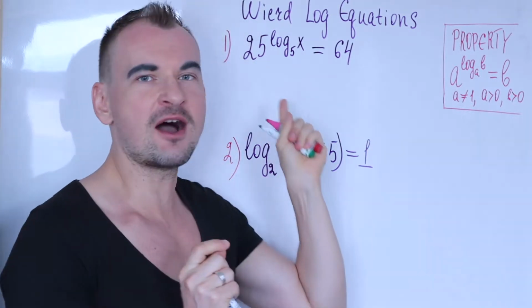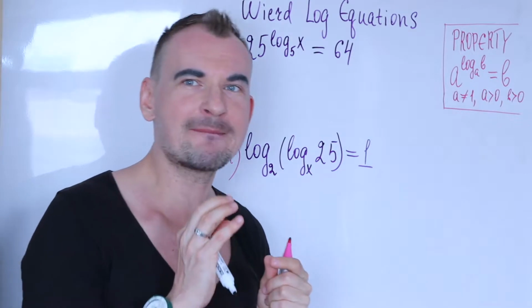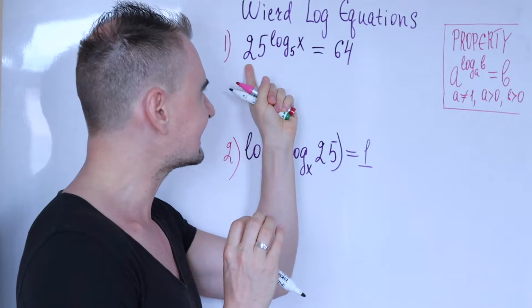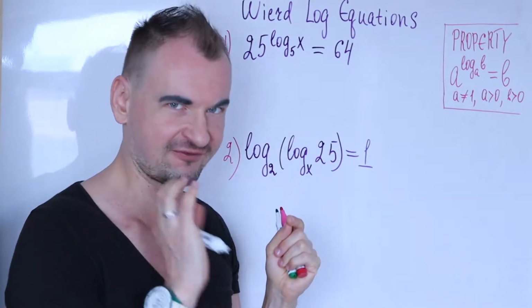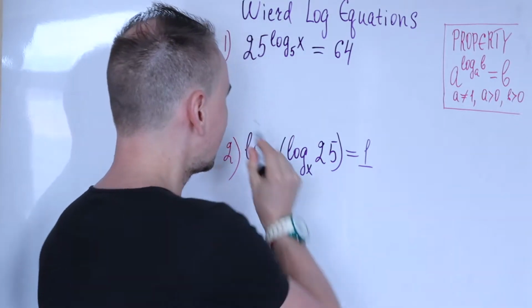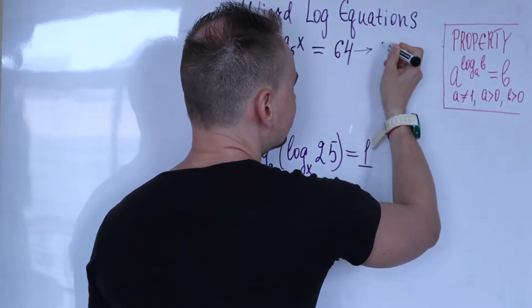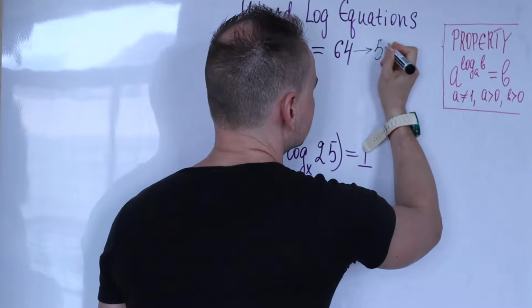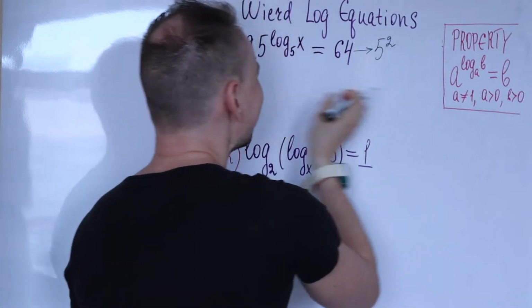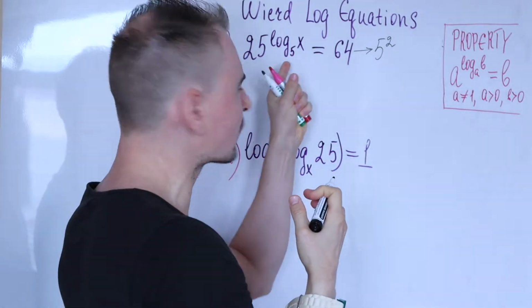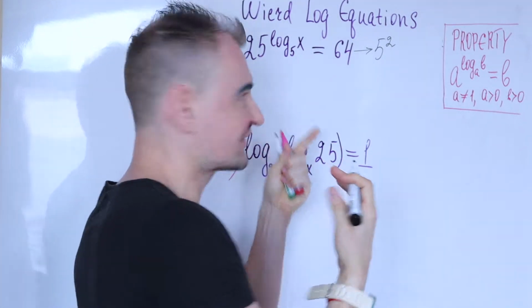Since 25 can be thought of as 5 squared, I'm going to replace this 25 with 5 squared and rewrite it. So I'm going to rewrite this as 5 squared and raise to that power, raise to the log to the base 5 of x.